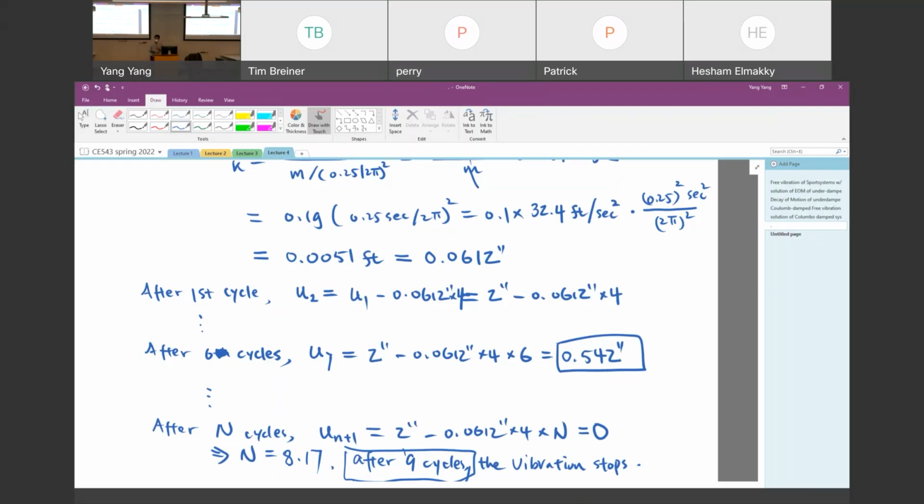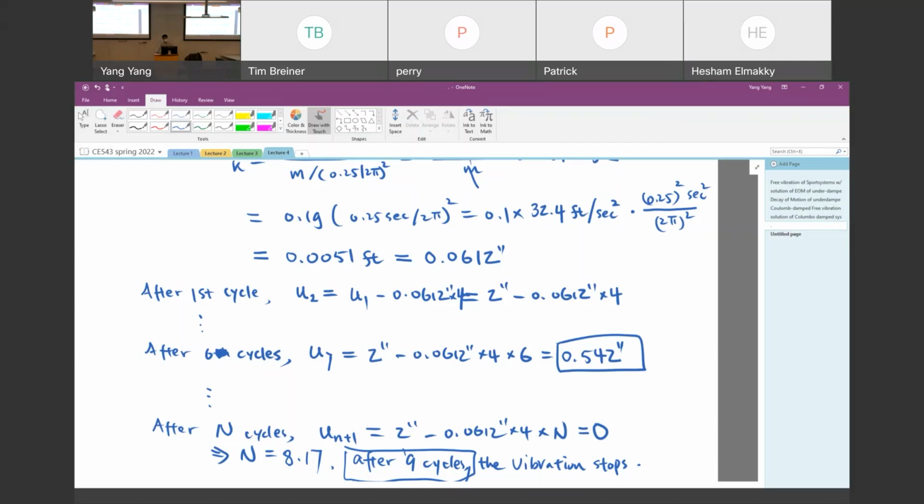So next week we will talk about the vibration of system under external load, harmonic load. For example, if you have an earthquake in a sine wave or cosine wave, or you have an external load induced by the working of machinery, how will the response of the system be in that case?